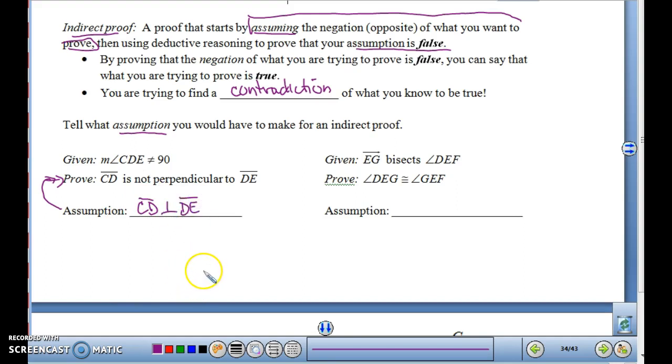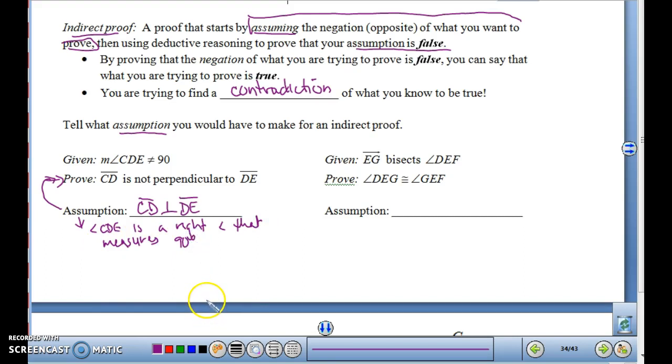Okay, now if we think about this for a second, if we make that assumption, if CD is perpendicular to DE, that leads to the conclusion that we have a right angle. Angle CDE is a right angle that measures 90 degrees.